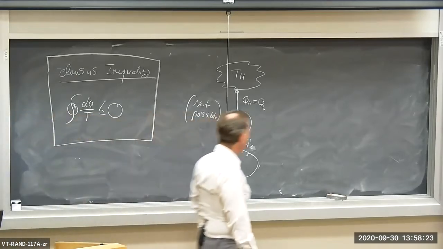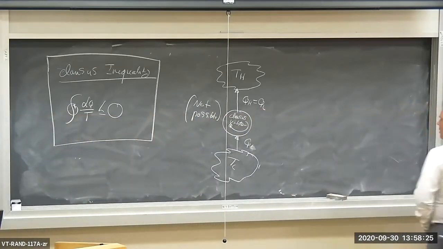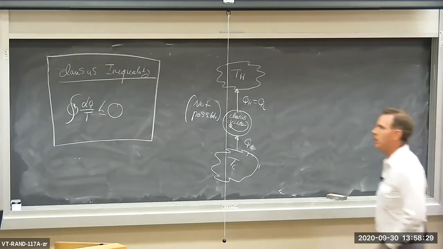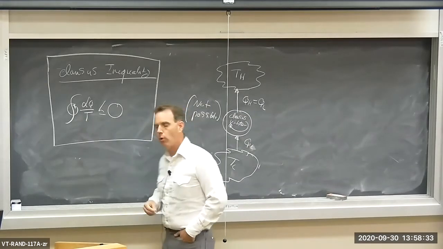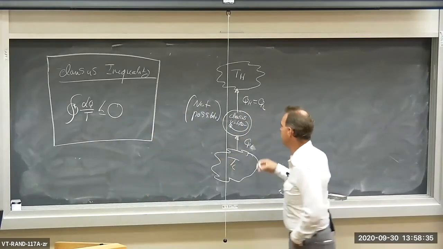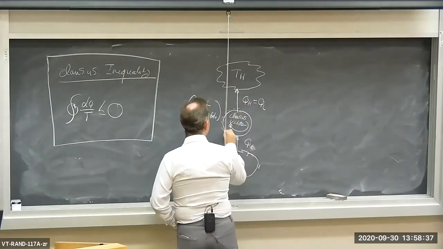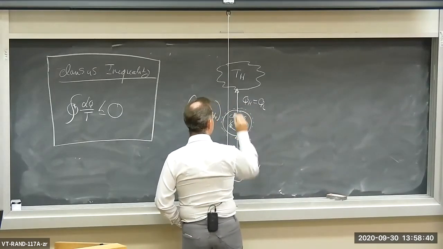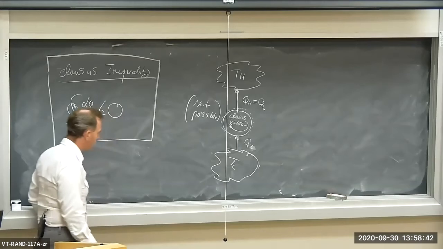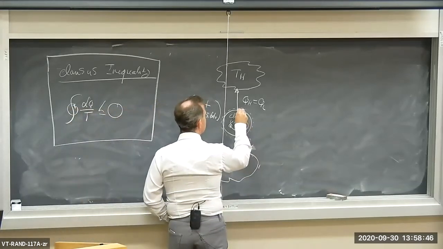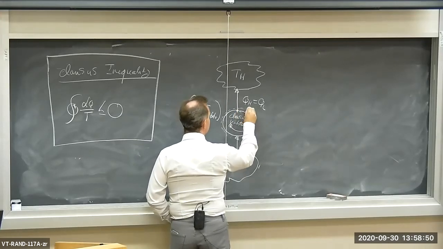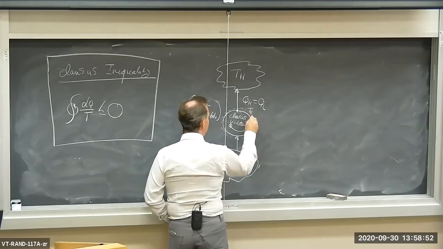Let's apply the Clausius inequality. Let's try to calculate this integral, the cyclic integral of del Q over T, for this device. So here's my device right here. If I put a thermometer here and measure the temperature here, I'm going to get T high.